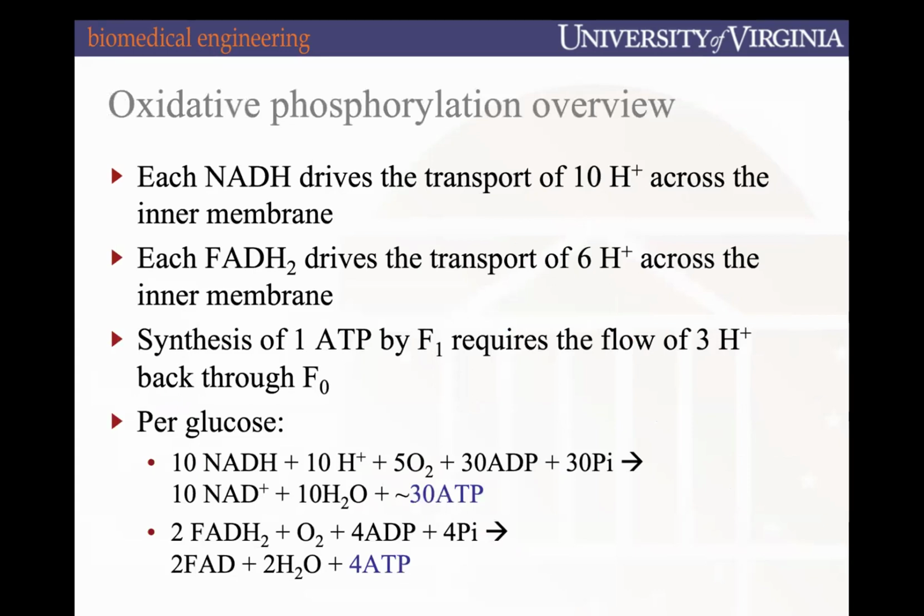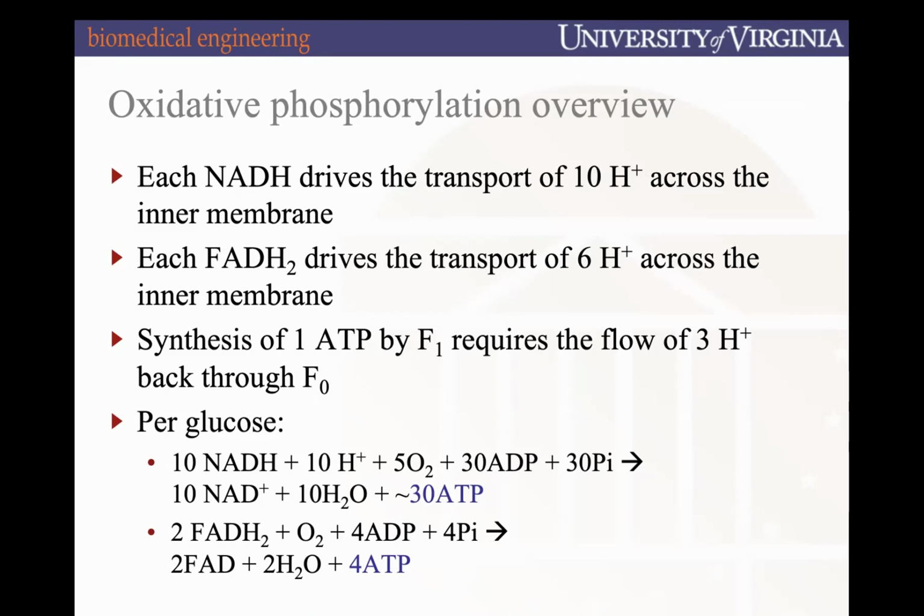So to help give an overview of oxidative phosphorylation alone first. Each NADH is going to promote the movement of 10 hydrogen ions across the inner membrane. Because complex 2 doesn't move 4 hydrogen ions like complex 1, FADH2 is going to do 4 less.